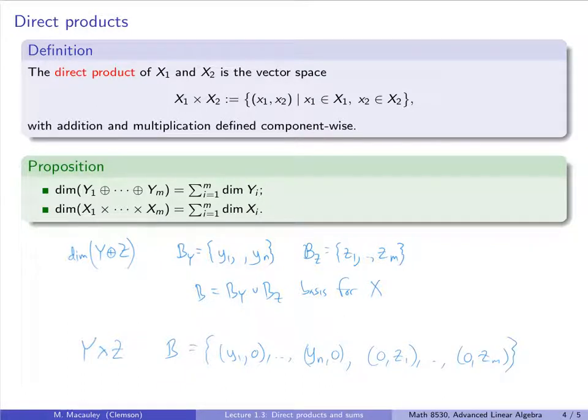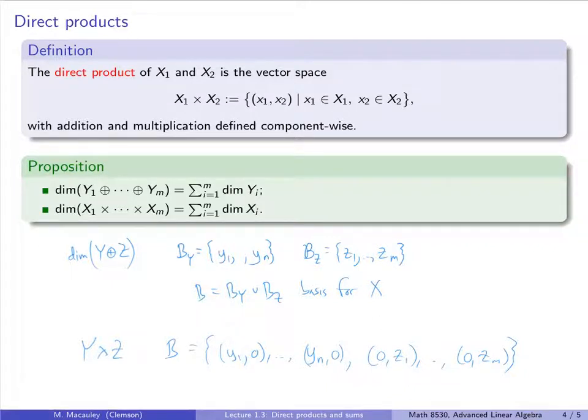So in other words, every ordered pair can be written uniquely as a linear combination of these. And obviously, the cardinality of this is just the dimension of y plus the dimension of z. And once again, I'll let you extend this to m tuples, or m factors instead of 2. I think again, notation is probably the hardest thing. I think the concept should be clear. It's all about figuring out what a basis is and counting that.